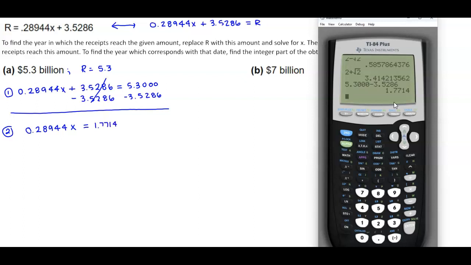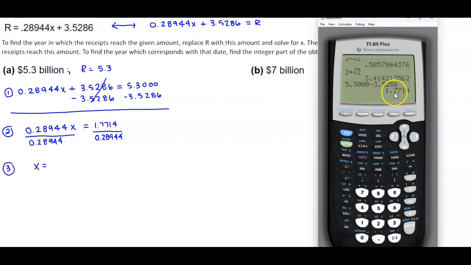Now in order to solve for x, we're going to divide both sides by 0.28944. And so what is x going to equal?